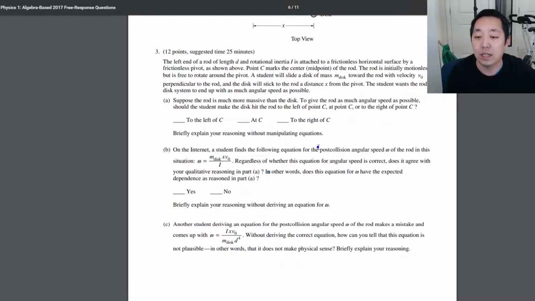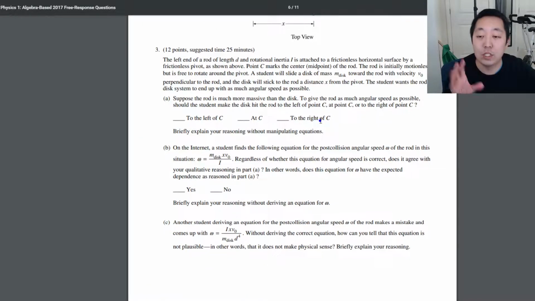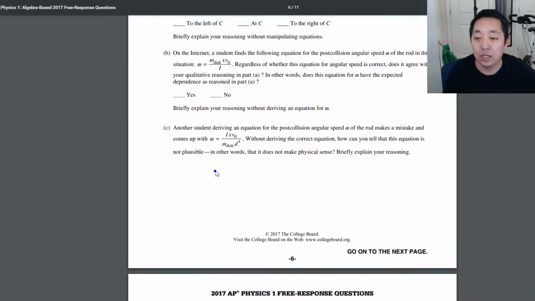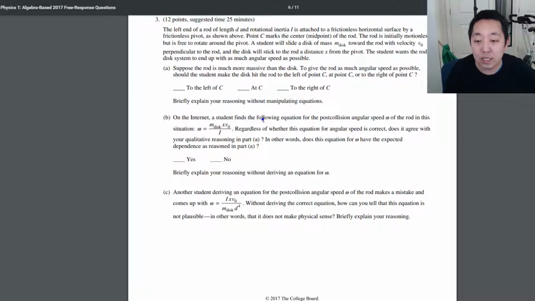I believe that pretty well, because when you look at the example questions they have, it's a lot about reasoning and explaining why something is true, and not like this is the one part where you have to derive something, part D of this question. For the rest of these, you have to reason why these equations make sense or don't make sense. Okay.